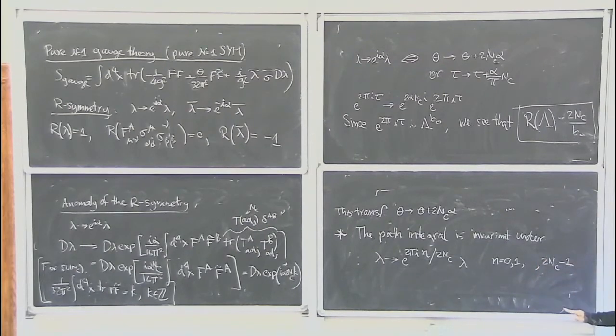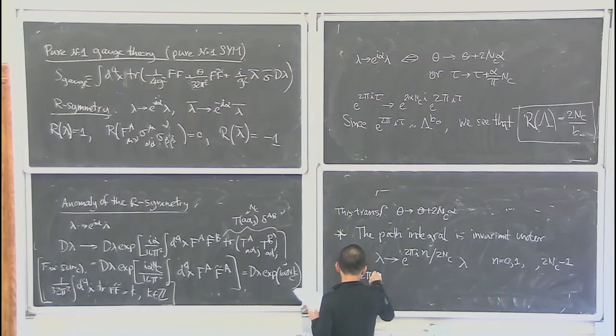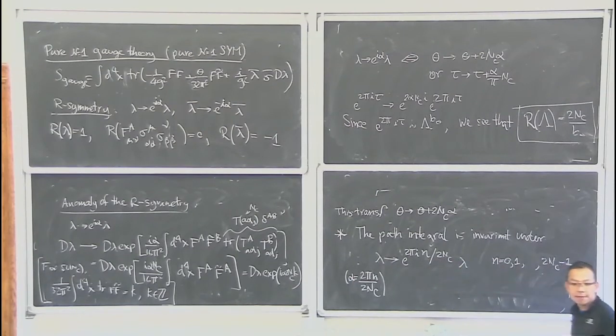This action leaves the path integral invariant. Where alpha, you can put alpha here to be 2πn over 2N_c if you want. So now it's a discrete value. It's not continuous U(1) anymore.